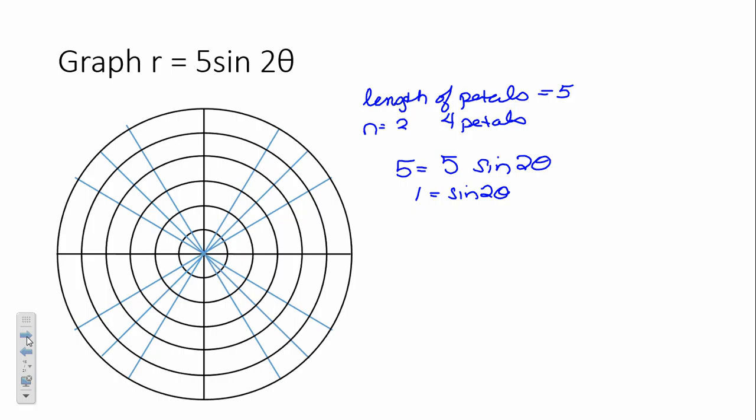okay. So as Peyton was saying, where is the sine in general equal to 1? Always at pi over 2, right? And since it's pi over 2, or 90 degrees, then when we divide by 2, we're going to get 45.